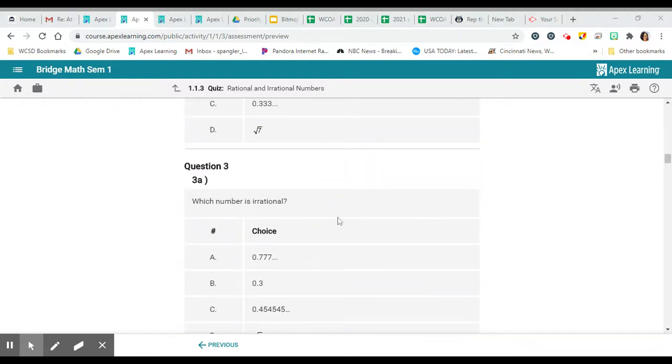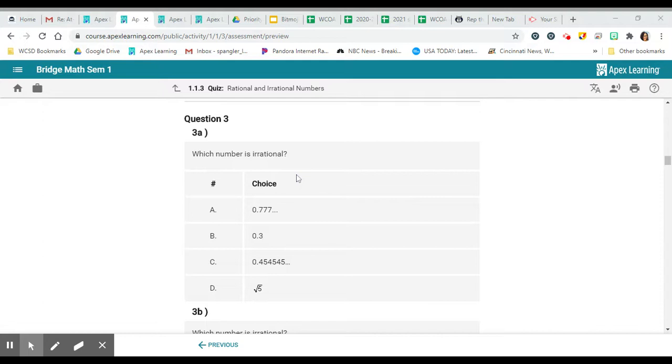So let's look at our next question here. What number is irrational? Well, irrational numbers are numbers that cannot be written in the form A over B, where A and B are integers. Irrational numbers cannot be written as terminating decimals or repeating decimals. So they are ones that would be like 0.34298, and they would just go on and have no pattern.